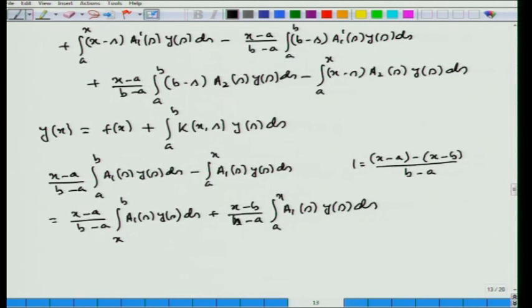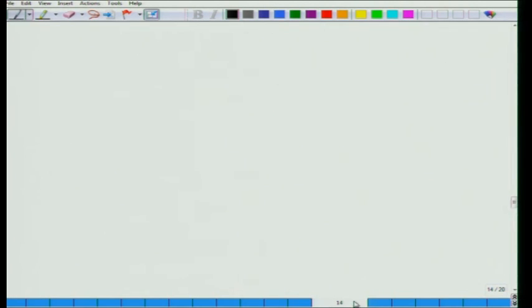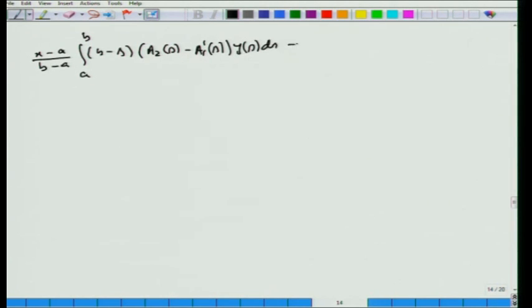And for the rest of the parts, we can take a1'(s) minus a2(s) as a common term. Then the rest can be written as (x minus a) divided by (b minus a) integral a to b (b minus s) times (a2(s) minus a1'(s)) y(s) ds, minus integral a to x (x minus s) times (a2(s) minus a1'(s)) y(s) ds.